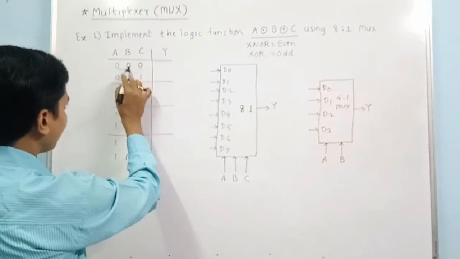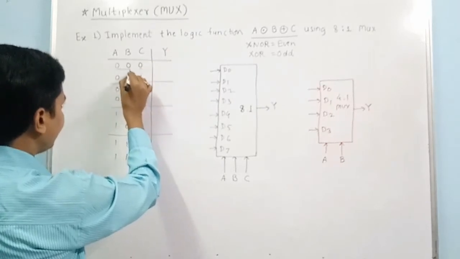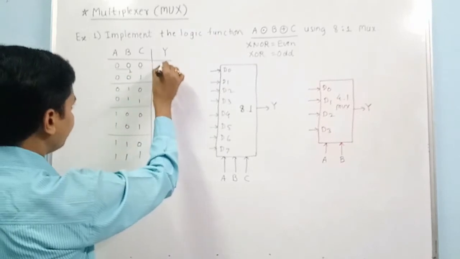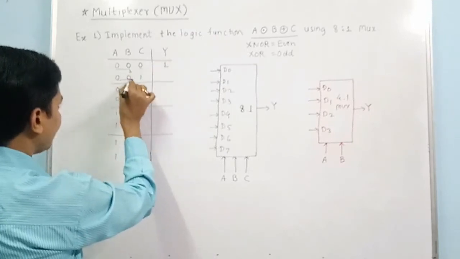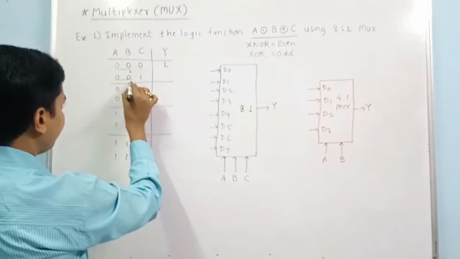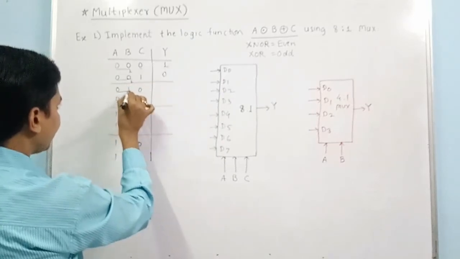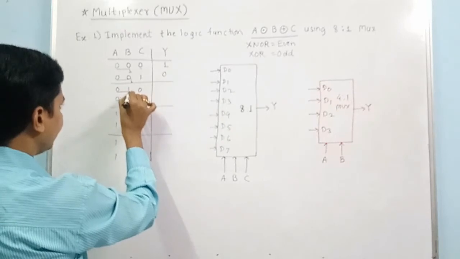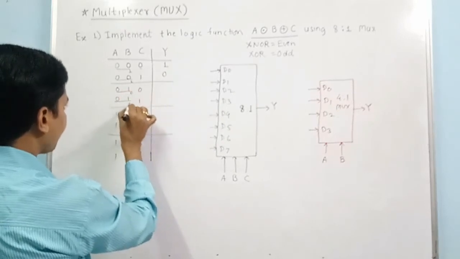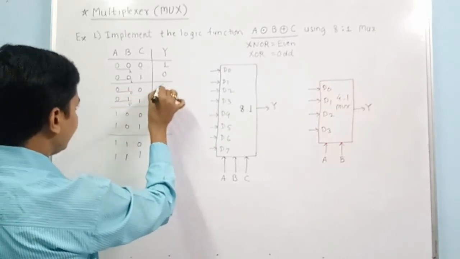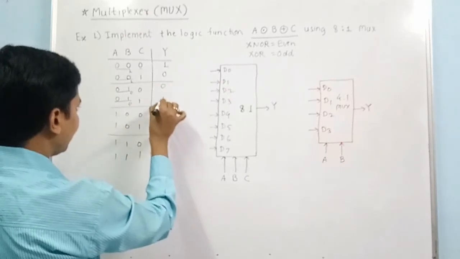So 0 0 XNOR gives 1, and 1 XOR with 0 is 1, 1 XOR with 1 is 0. Then 0 1 XNOR gives 0, which will be XORing with 0 is 0, 0 XORing with 1 is 1.